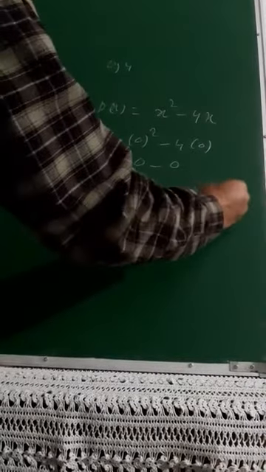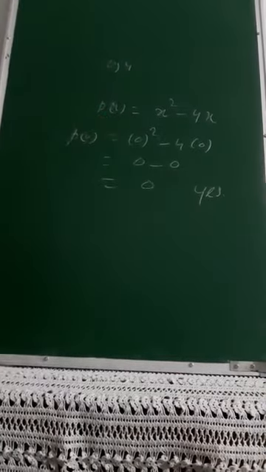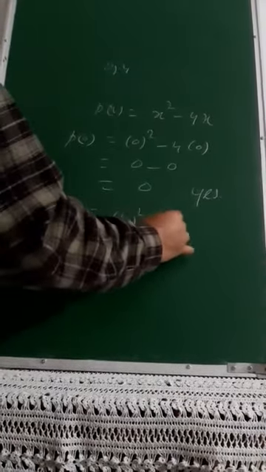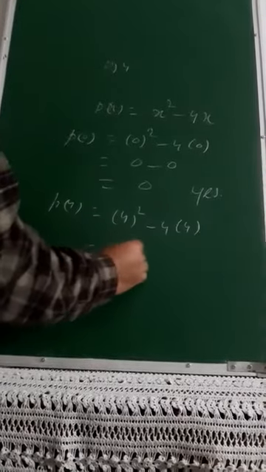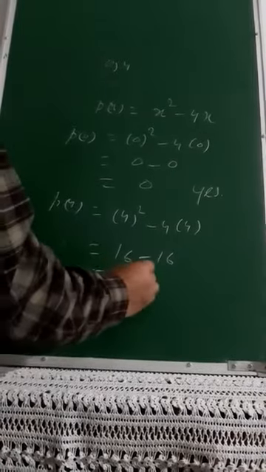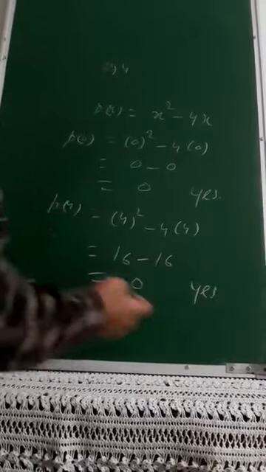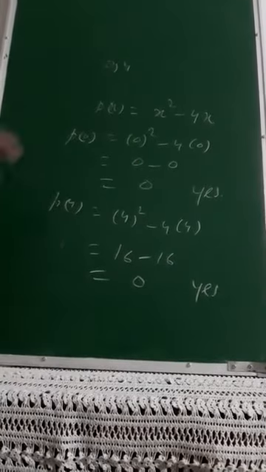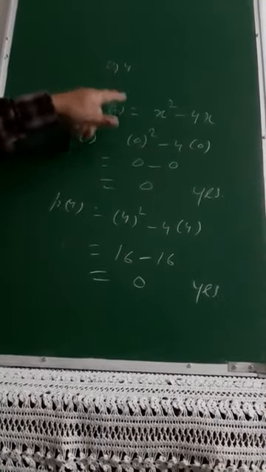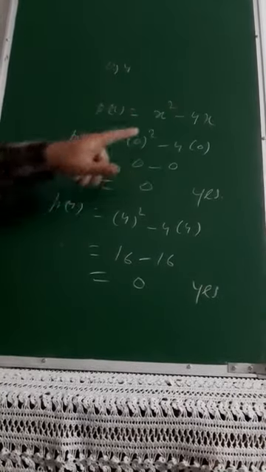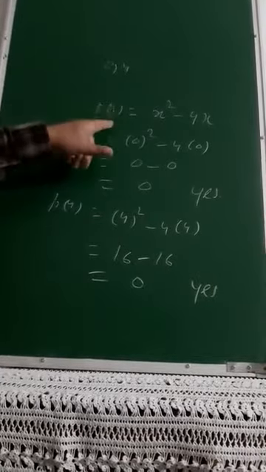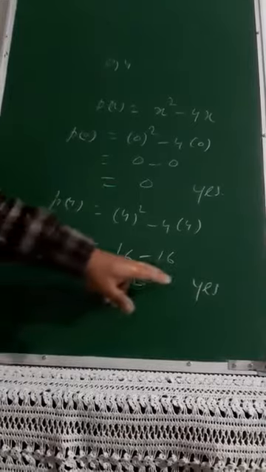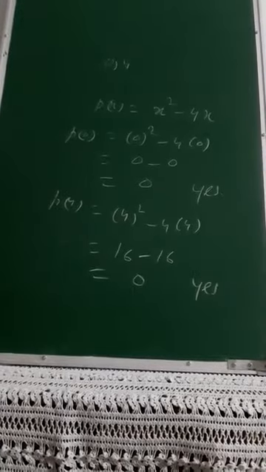The answer is yes for 0. For the second part, that is p(4), this is 4 square minus 4 into 4. Again, this is 16 minus 16 is equal to 0. Yes. So both 0 and 4 are the zeros. So verified. Simply, what you have to do is, in place of x, first put x equal to 0. And in the second case, put x equal to 4. And check if the result comes out equal to 0, meaning it is verified.